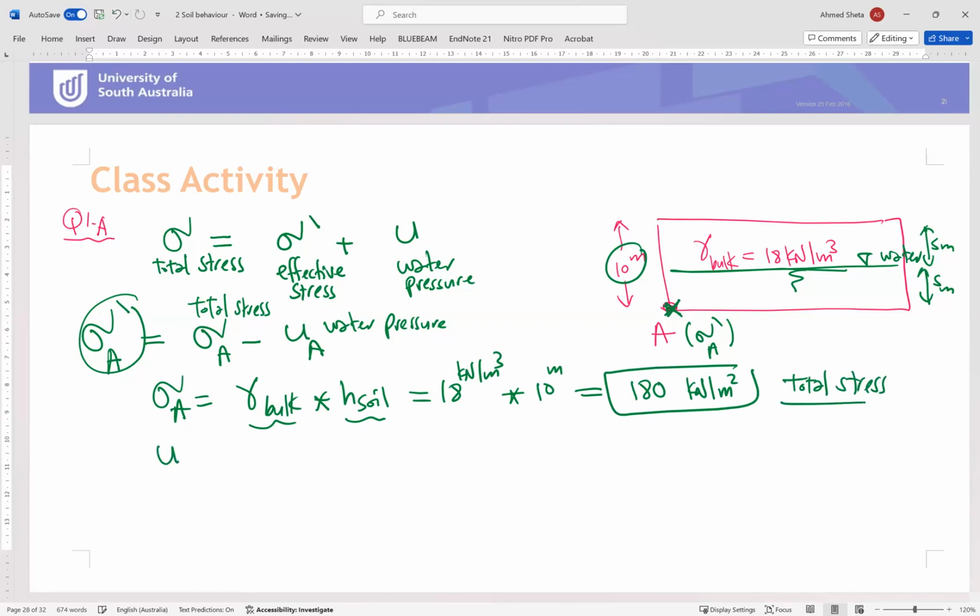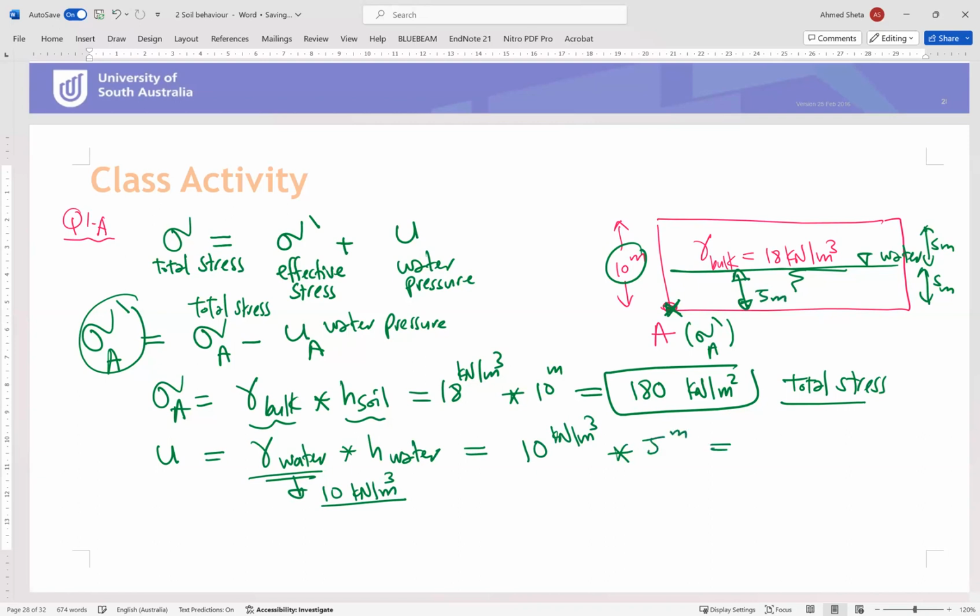For the water pressure, it will be gamma water times H water at point A. So how much is gamma water? You should keep it in mind all the time: 10 kilonewton per cubic meter. So if not given, take it as 10 kilonewton per cubic meter, times the water height, which here was 5 meter.